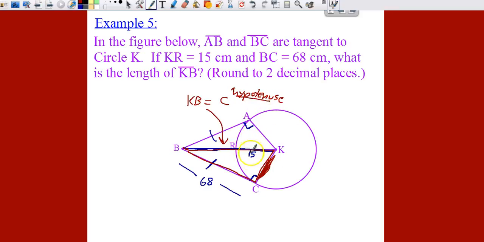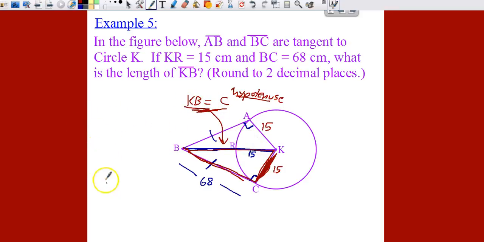KR, KA, KC, all three of these segments are radii, so I can put that 15 anywhere I want. It's most useful right here, because then I have the 15 and 68 as legs of the triangle, and KB is what I'm trying to solve for.